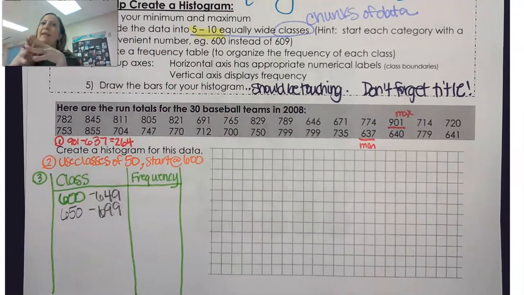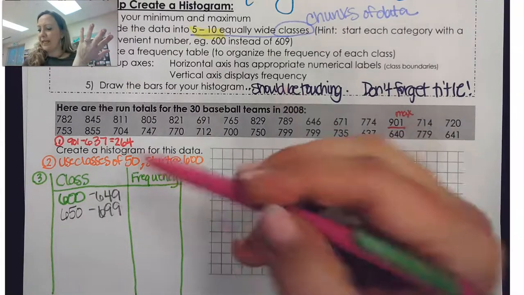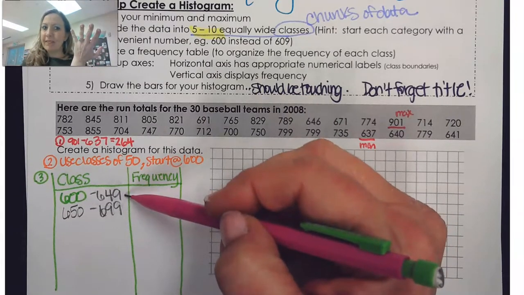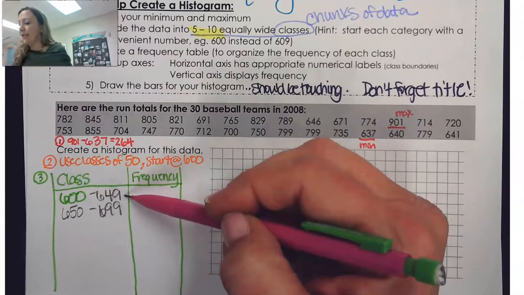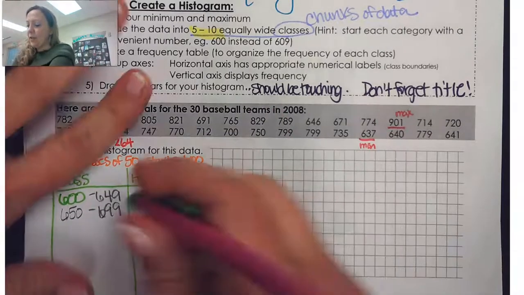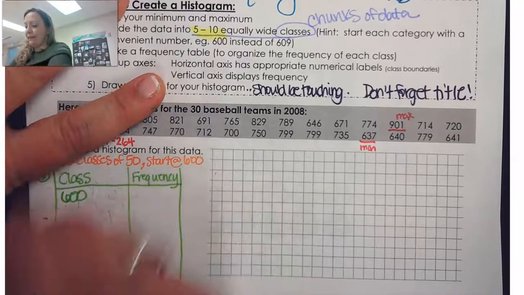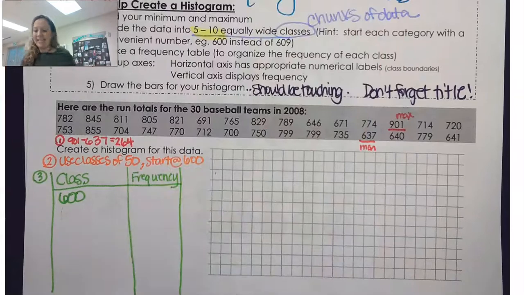And that might work if your data values are discrete, but if you're measuring something like distance that's continuous, where would you put something like 649.7 feet? So see how that's a little problematic? Also, we want our classes to be touching each other. So what we're going to do is not give a definite ending value.